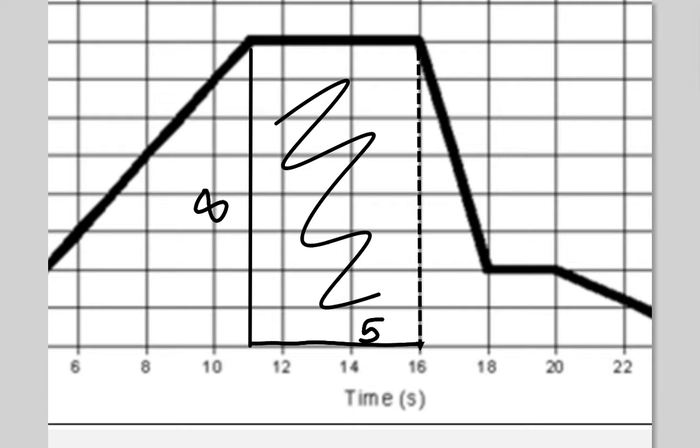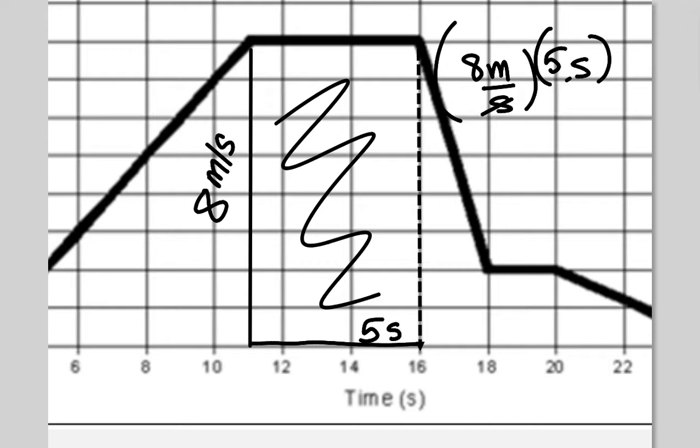And if it helps, you can put those units. Meters per second for y, seconds for x. 8 meters per second times 5 seconds. What happens to those seconds? Yeah, you're left with 40 meters. And she's displaced 40 meters north.